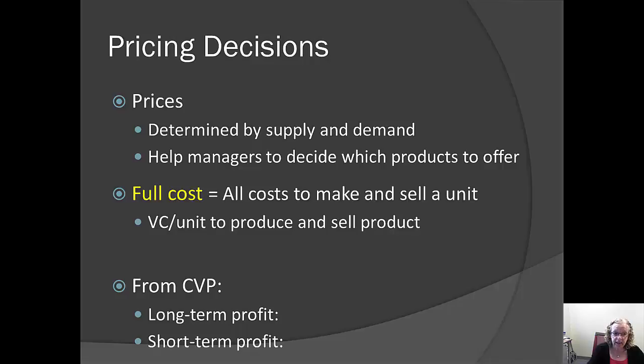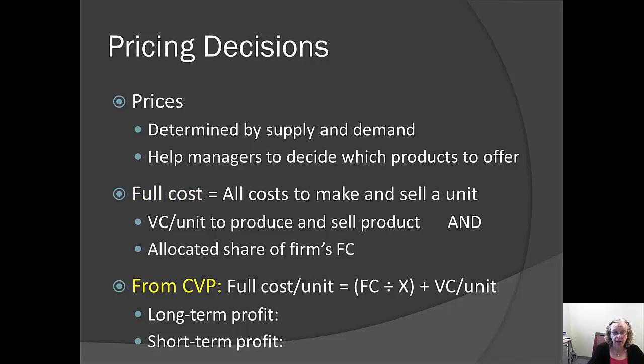So we need to consider the variable costs for each unit, and we also need to consider all of the firm's fixed costs. From cost volume profit analysis, we know that the full cost per unit would equal the fixed costs of the firm divided by X, the number of units that we make and sell.